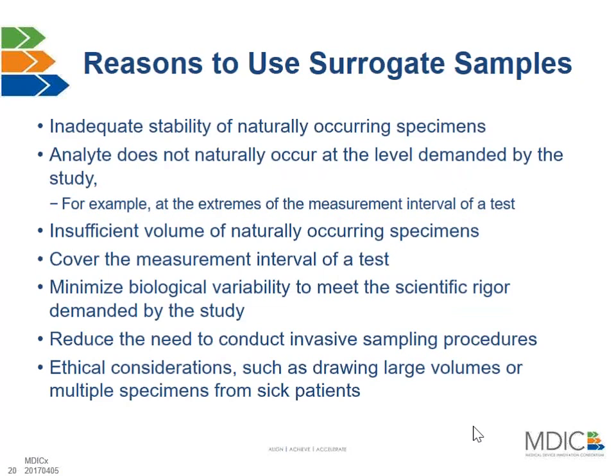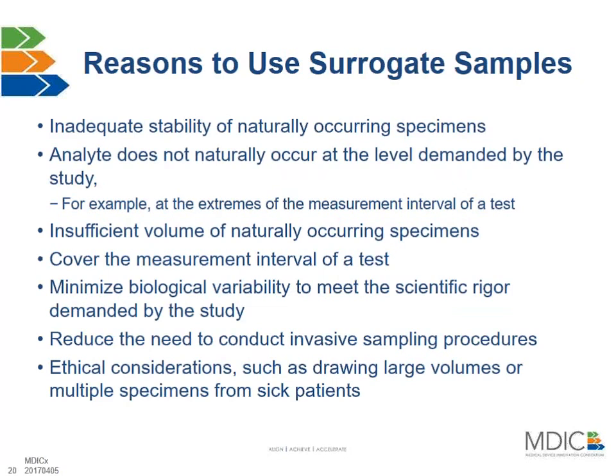As noted, the work group conducted a survey, and we've done research into historical practice. And this has demonstrated that there are a wide variety of reasons for using surrogate samples as part of diagnostic development and validations. Surrogate samples provide an option when naturally occurring specimens of biological origin are rare or difficult to acquire.